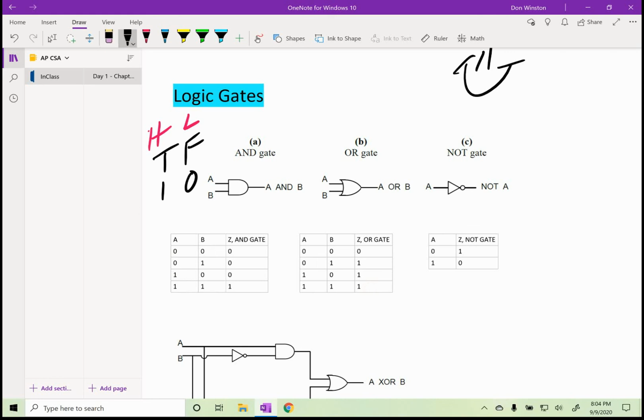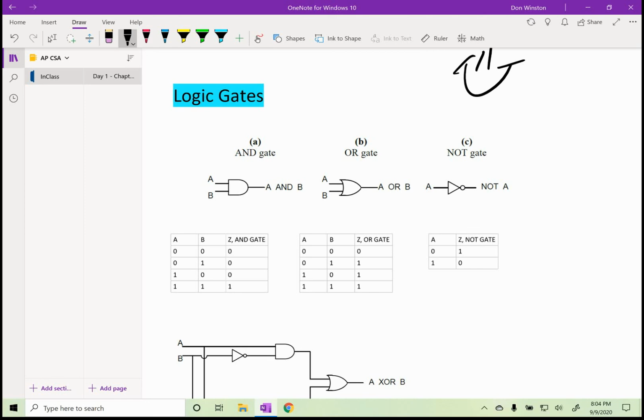But anyway, with logic gates, with the AND gate, we have two inputs, A and B. The output, if both bits are off, A is 0 and B is 0, think in terms of electricity. If there's nothing on, then there's nothing on.